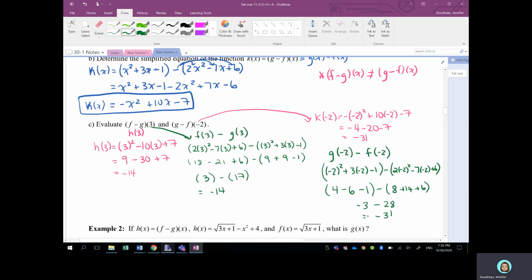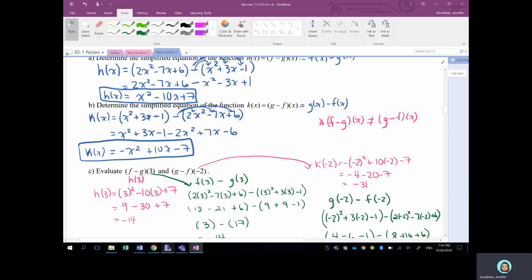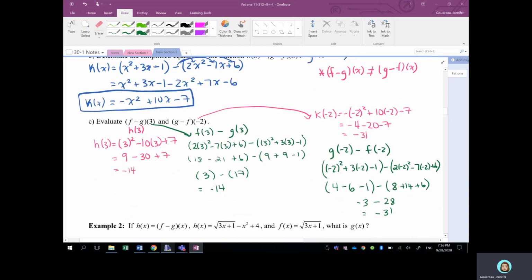So again, because we already have our simplified equations, we can plug into there. If we didn't have the simplified equations, we could still evaluate by plugging into the individual functions and then subtracting.